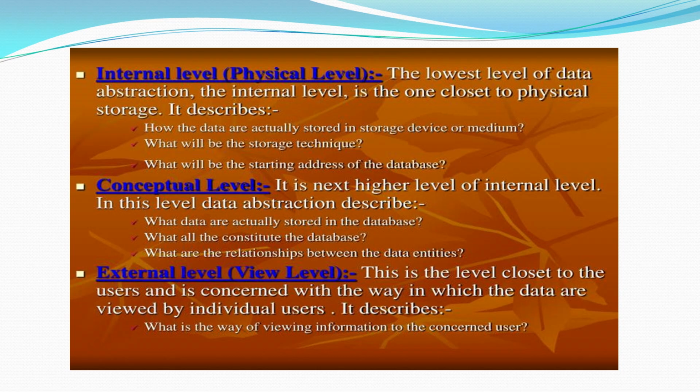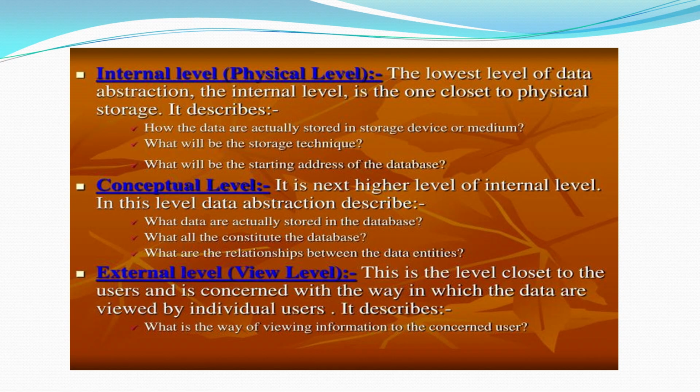Next is the conceptual level data abstraction. It is the next higher level above the internal level. At this level, data abstraction describes what data are actually stored in the database, what constitutes the database, and what the relationships are between the data and entities.